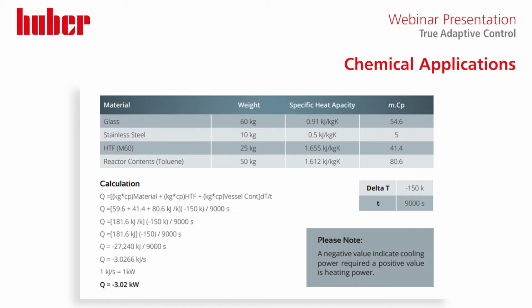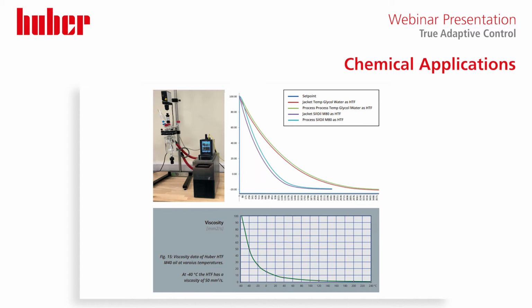And all these components come together to determine how quickly or how slowly we can transfer that thermal energy from the temperature control unit to the application. And again, as in the previous webinar, we've discussed how thermal fluid can have a massive impact on this, using something with a high specific heat capacity or a low specific heat capacity. You can look back at that presentation to read that further.